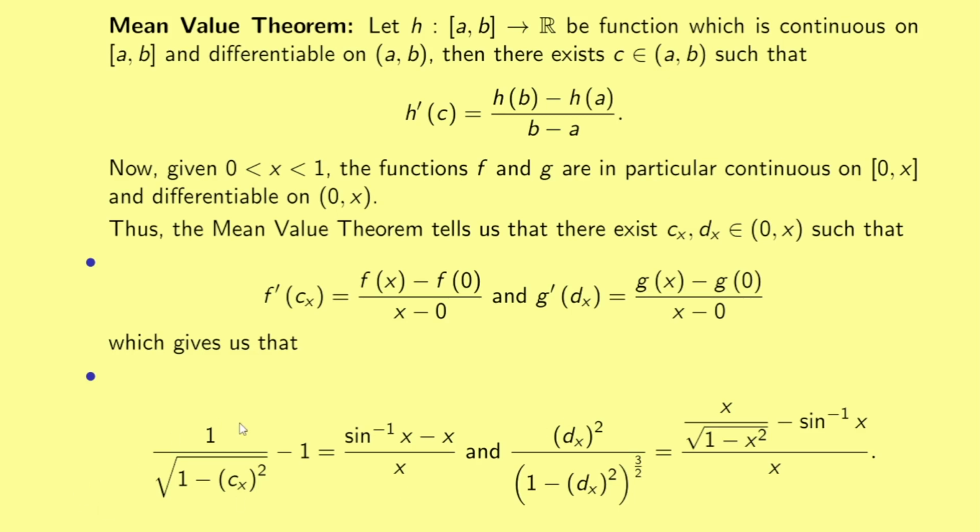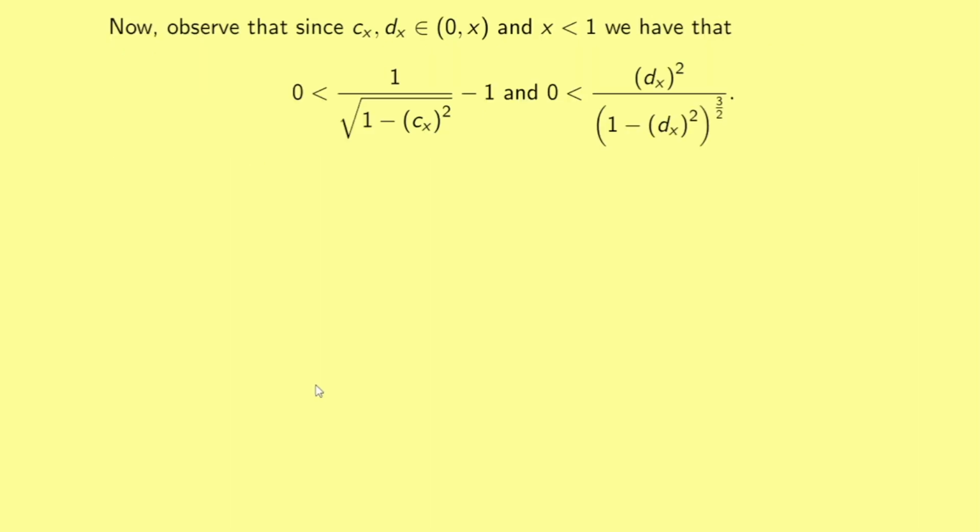Now we are going to observe an interesting fact. Observe that c of x and d of x are in the interval 0, x, and x is smaller than 1. So c of x and d of x are both greater than 0 and smaller than 1. This tells us that this number is positive and this number is also positive.